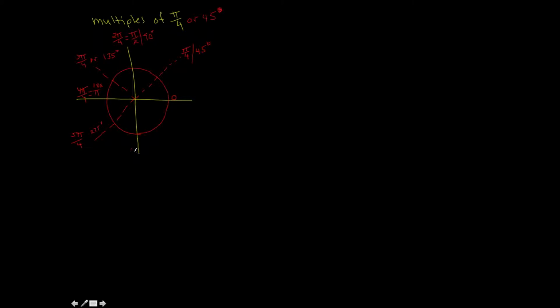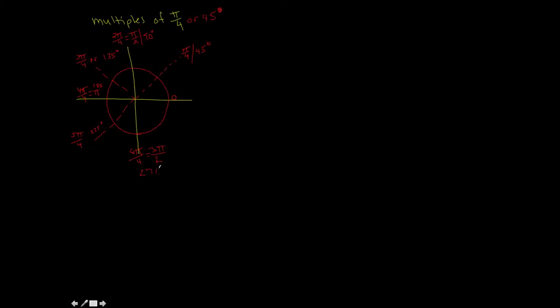Then we have 6 pi over 4, which is the same thing as 3 pi over 2. So notice what this is doing. You've got your multiples of 45, but they include some of your quadrantal angles that we already know. And this is 270 degrees.